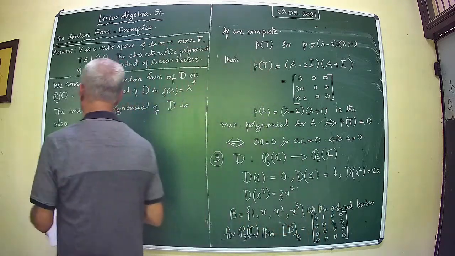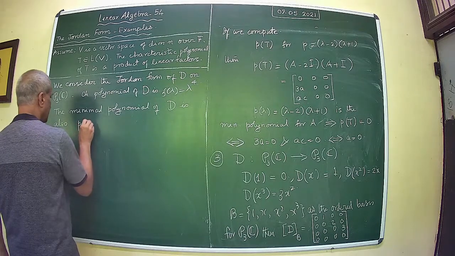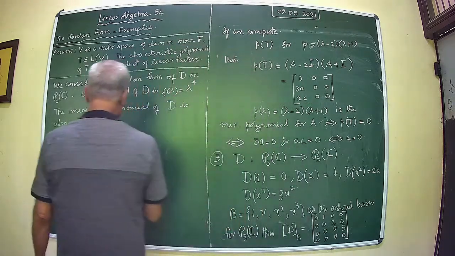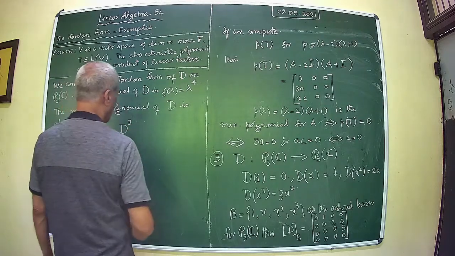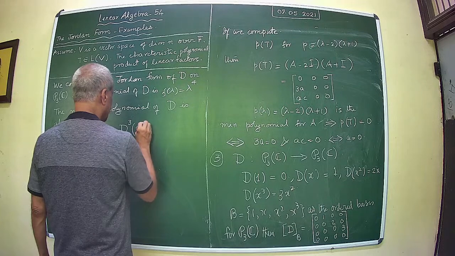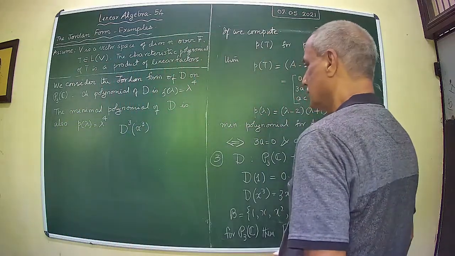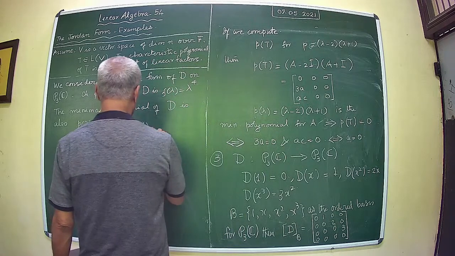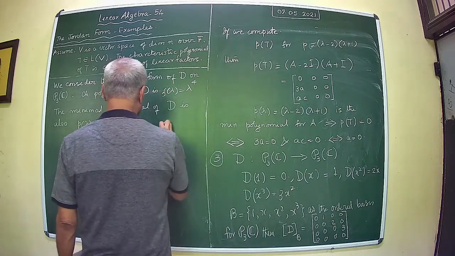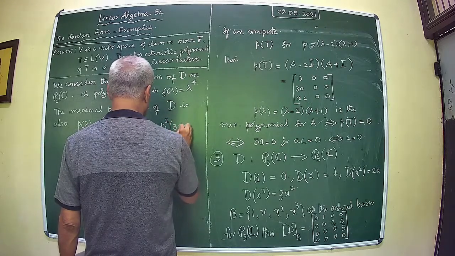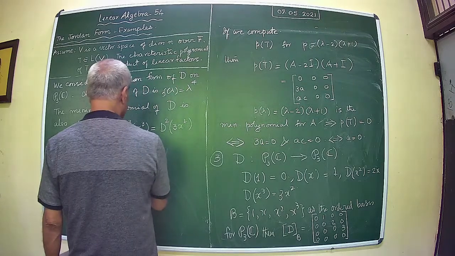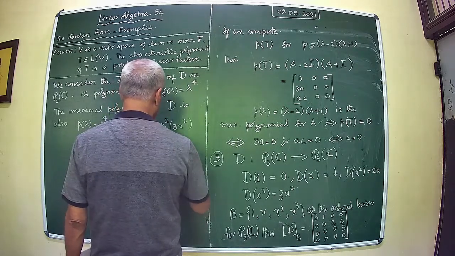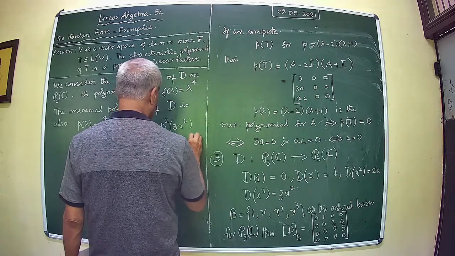Also, why? Because if you take D cubed operating over x cube, okay, D cubed operating over x cube is equal to D square of 3x square, which is equal to D of 6x, which is equal to 6 and not equal to 0.